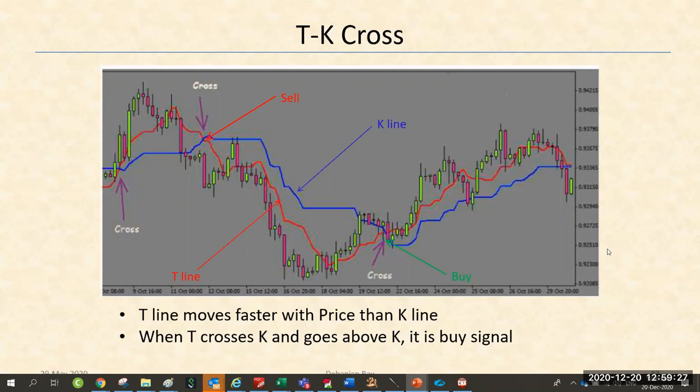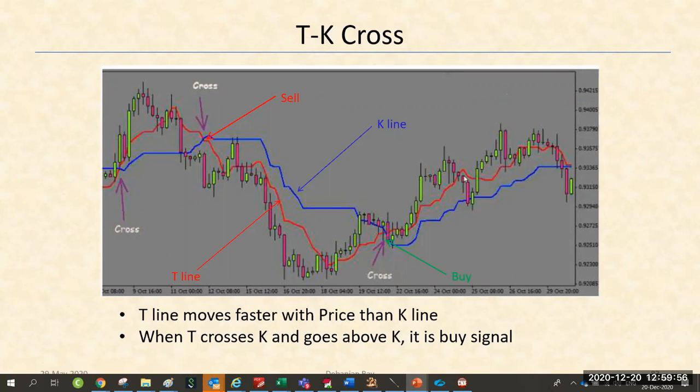So now we are going to have the combination of signals, and you will see that it is exactly equivalent to the 20-day and 50-day moving average. Whenever there is a cross, that is a point of the early signal. Typically it happens because the T line is a much faster line.